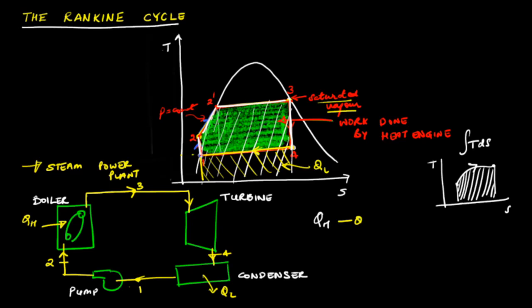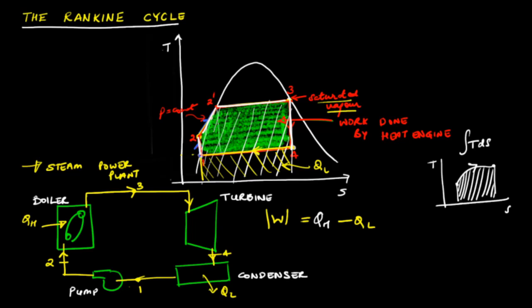So the difference of these two areas is the area enclosed within the cycle, and that is the work output of the heat engine. So the area shown in the green color is the work that is done by the heat engine, and this is irrespective of whether this cycle is executed in a piston cylinder arrangement or in a flow system.